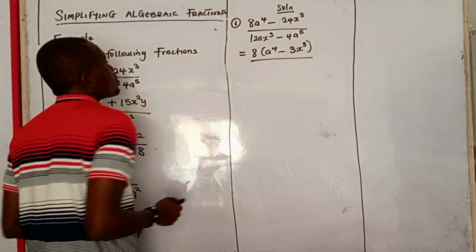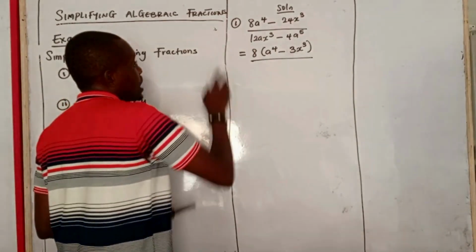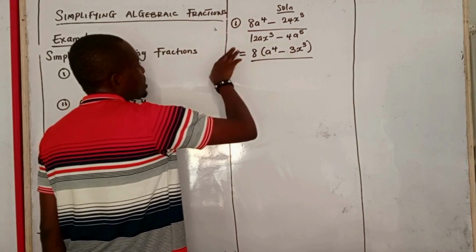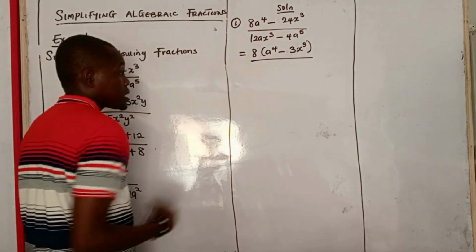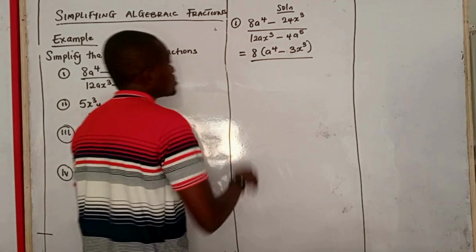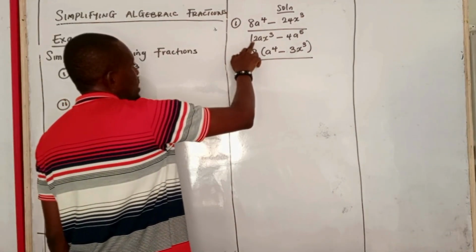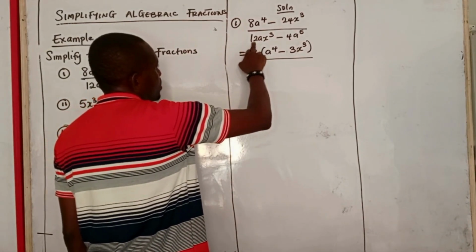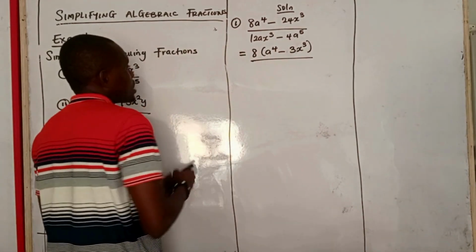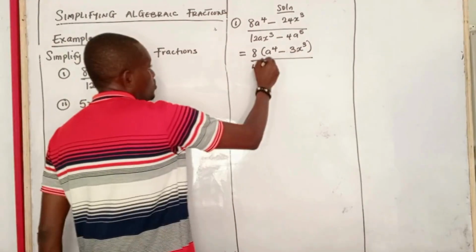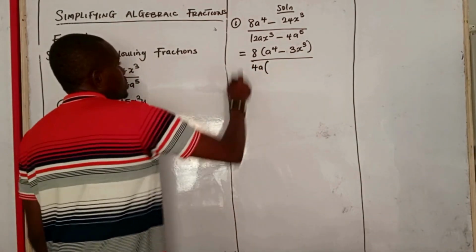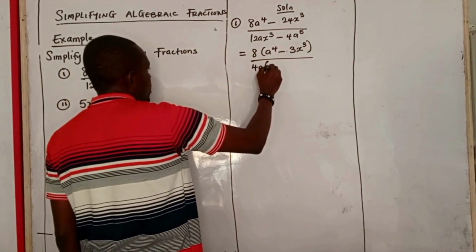Same thing here, in the second aspect, at the denominator, you discover that a is common between them. So we're going to bring out a as one of the common factors. And then let's check. The highest factor that can divide 12 and 4 is 4. So our common factor here is going to be 4a. By the time you bring out your 4a, if you divide 12 by 4, you have 3.